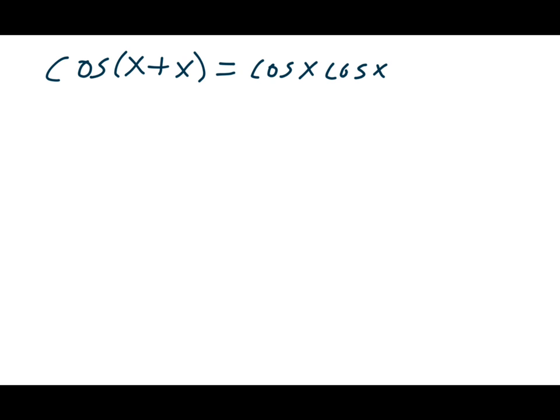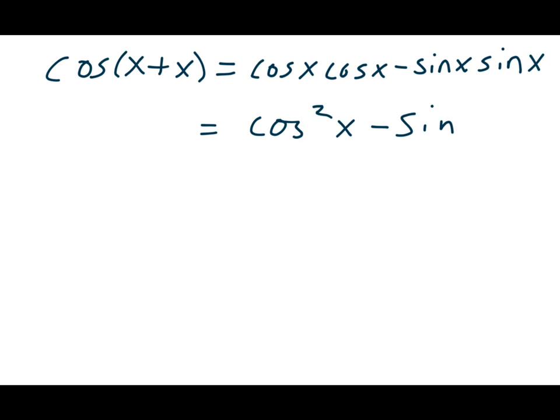Now, to do the cosine, I'm going to do the same thing. Cosine of x plus x. Use my sum formula, which told me that I have cosine of x cosine of x minus sine of x sine of x, which is going to be cosine squared x minus sine squared x.